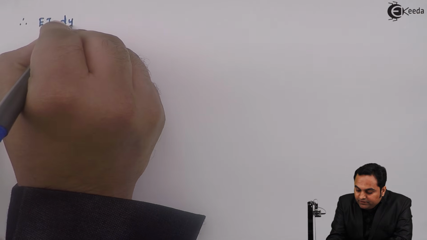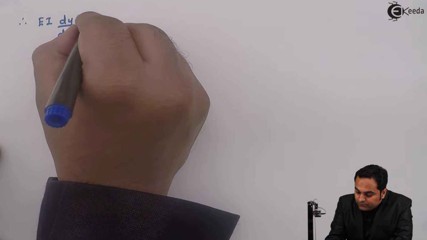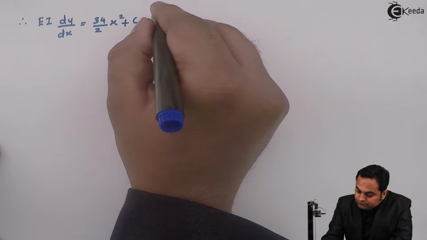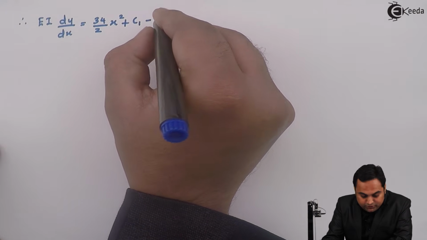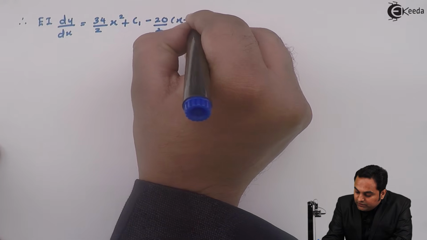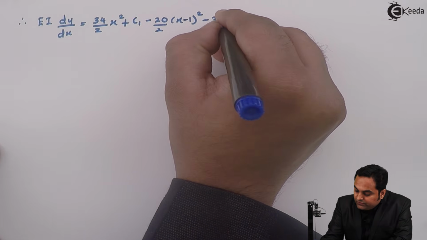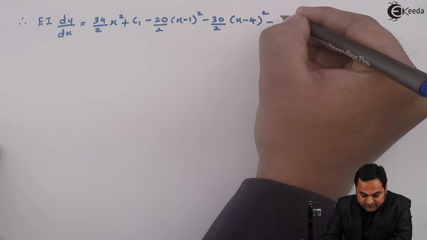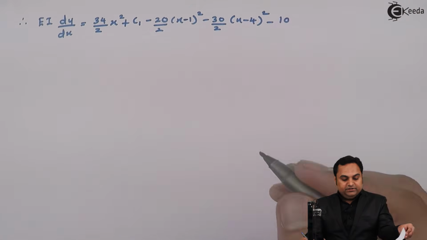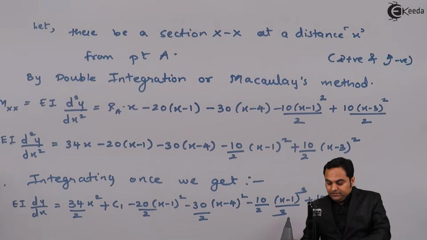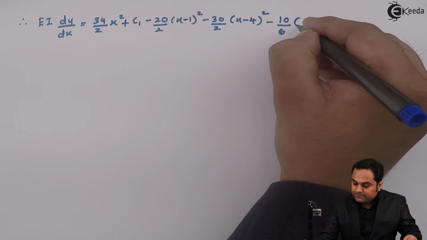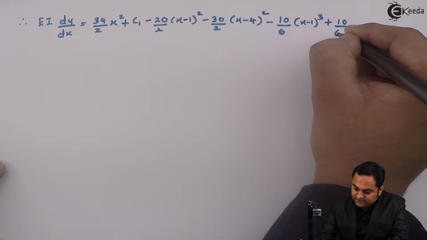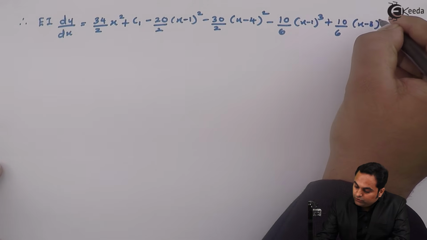EI dy by dx is equal to 34 by 2 x square plus c1, then minus 20 by 2 x minus 1 whole square minus 30 by 2 x minus 4 whole square minus 10 by, now in the denominator we have 2 into 3, that becomes 6, so 10 by 6 x minus 1 whole cube, then plus again we have 10 by 6 x minus 3 whole cube.